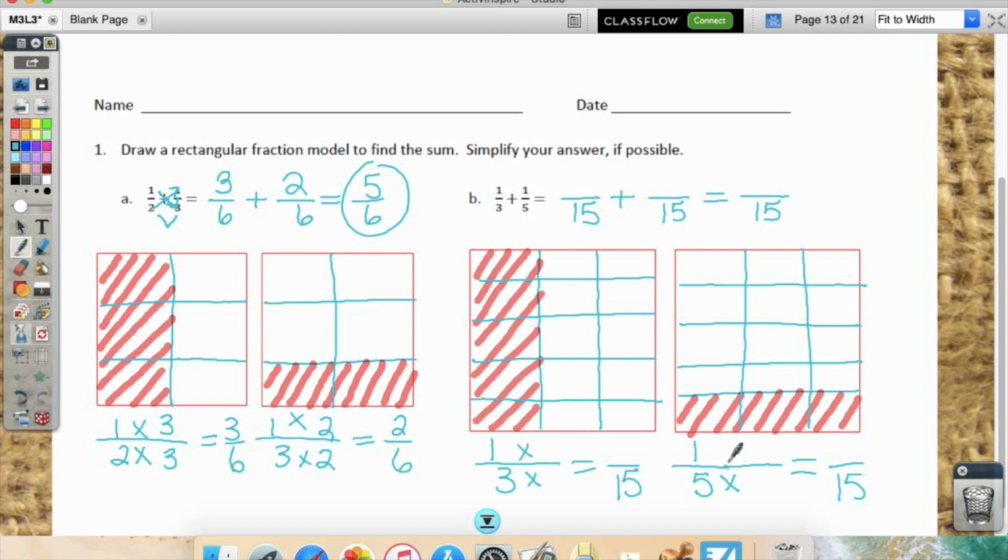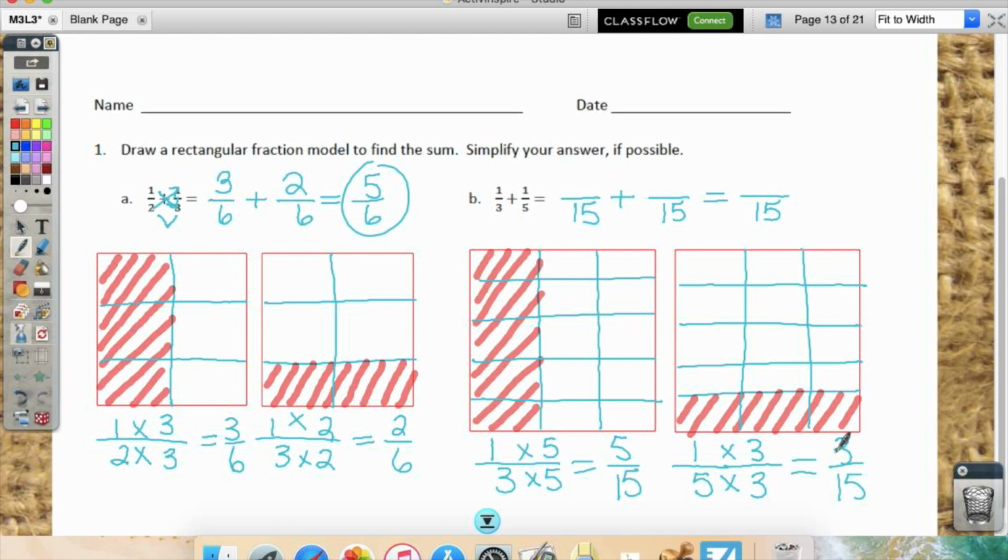So since I multiply my denominators, I just get to choose the other one. So 5 is what I write here. And 3 is what I write here. It only works when you multiply your denominators.